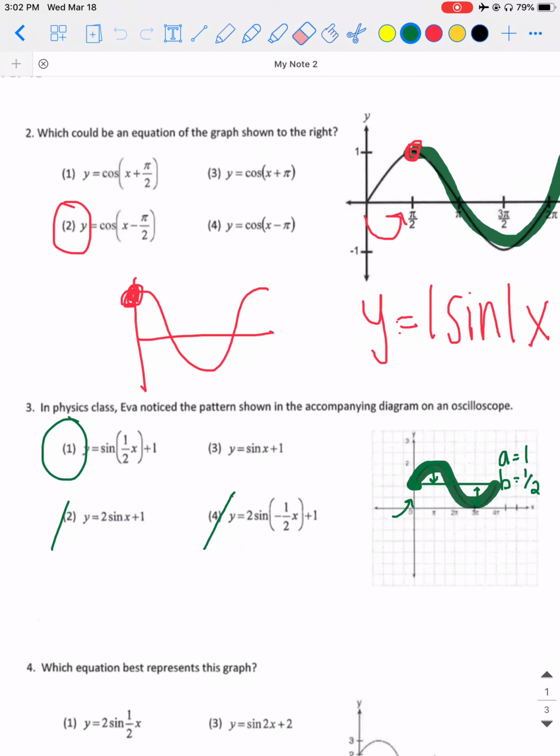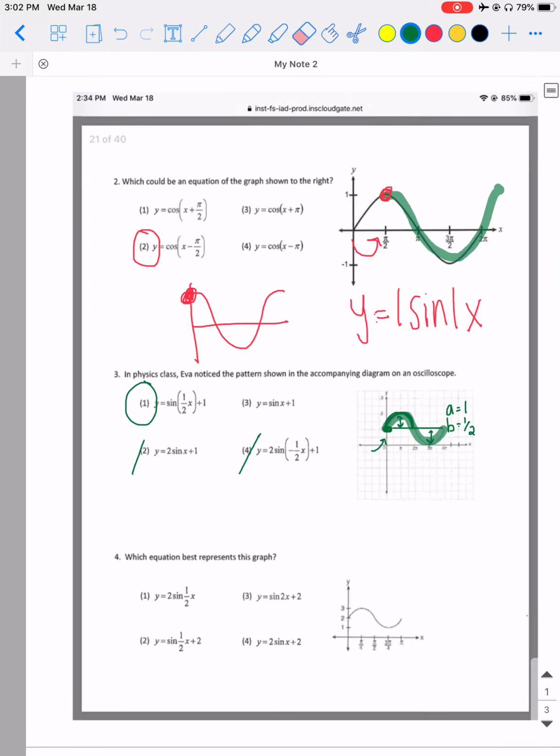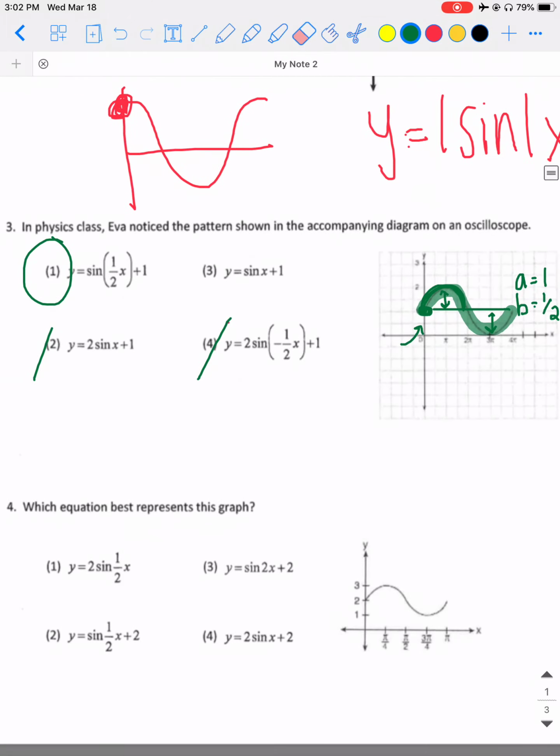All right, and down here, at first glance, it looks like we have a sine curve, right? Sine curve here. I know that I could potentially write this as a cosine function, like this. And I would just have to shift my cosine curve over, in this case, pi over 4.